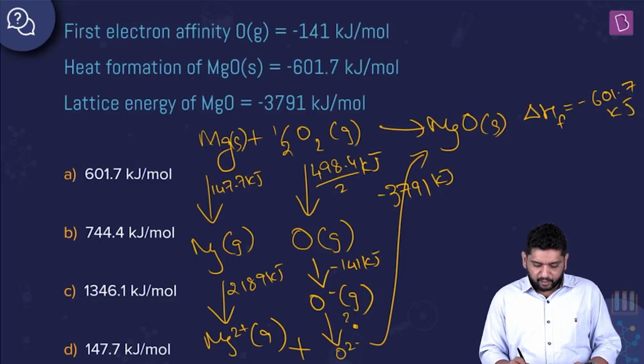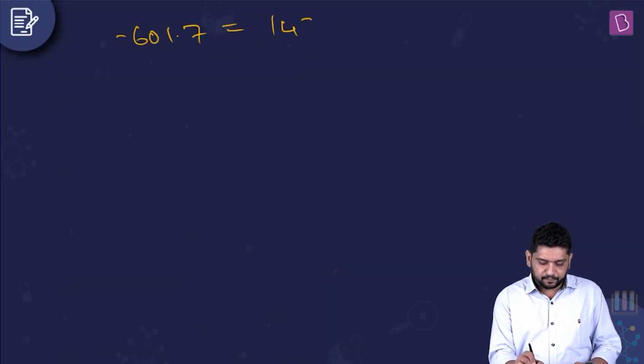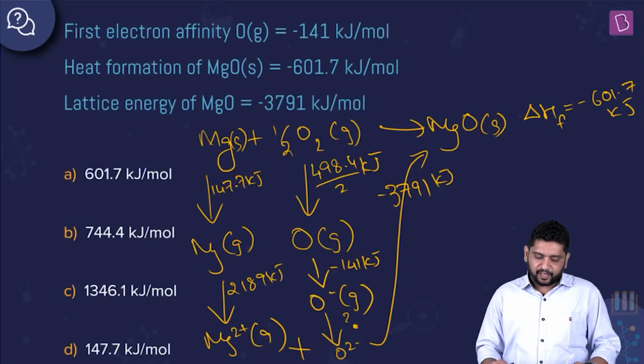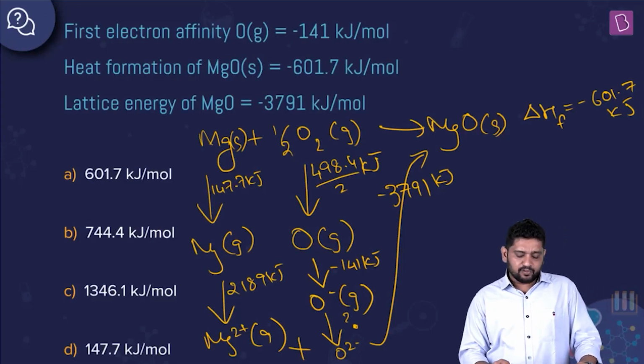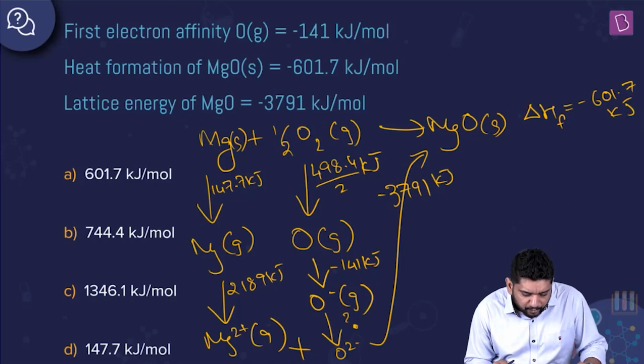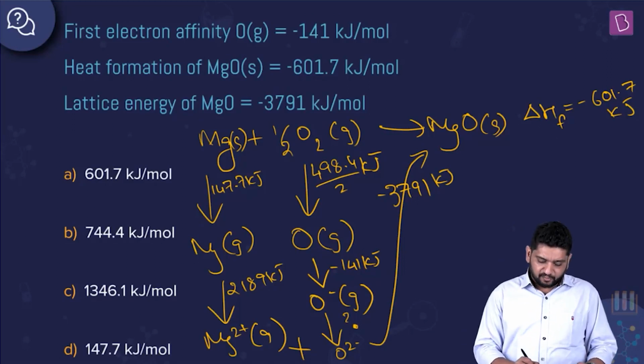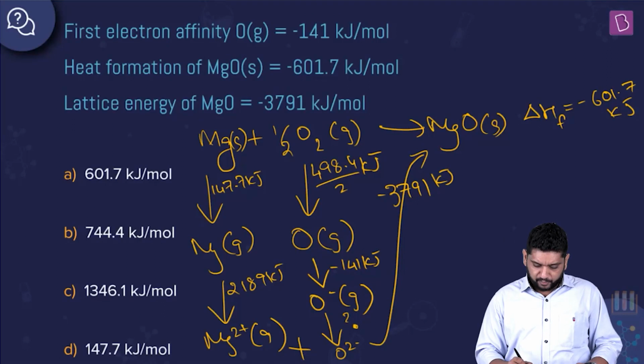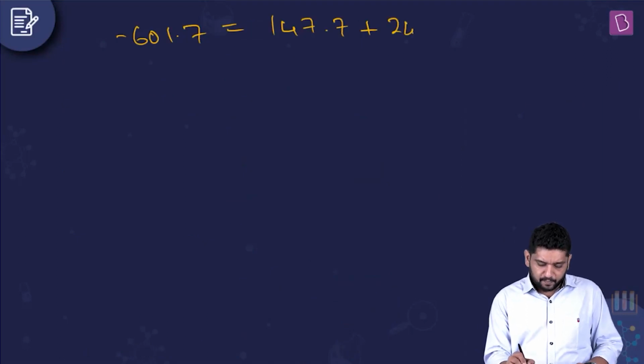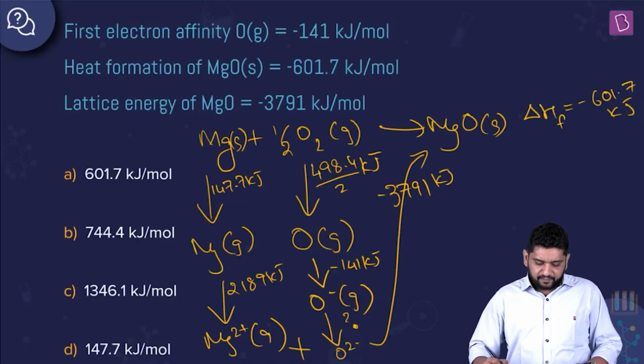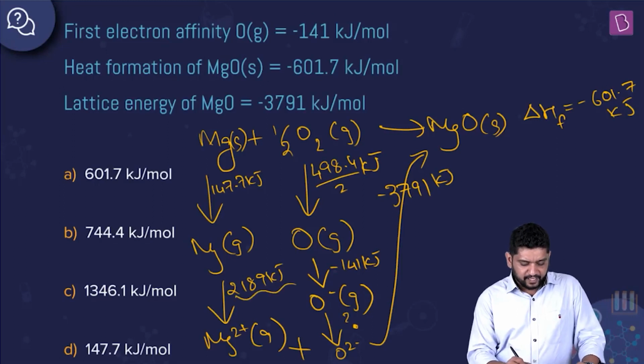So, 147.7 plus 498.4 divided by 2. 500 by 2 would have been 250. This is 1.6 less, so 0.8 less than 250 is 249.2. Then we have 2189.